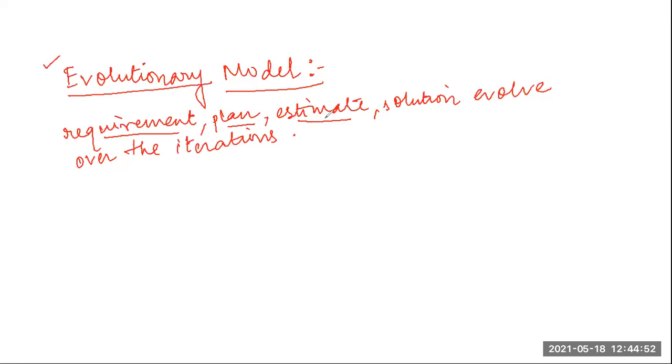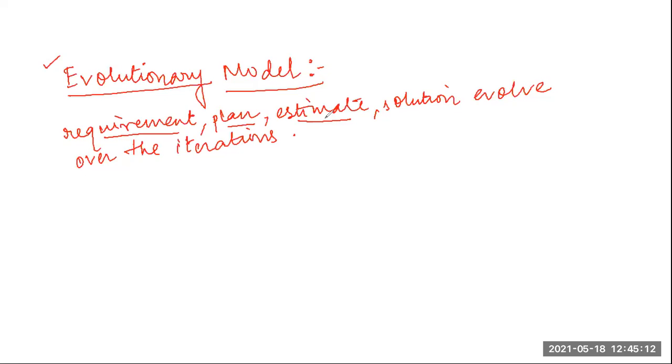Okay, so even if it is an extension of the waterfall model or the incremental model, the evolutionary model incorporates a major shift in the idea compared to all the adopted life cycle models till date.